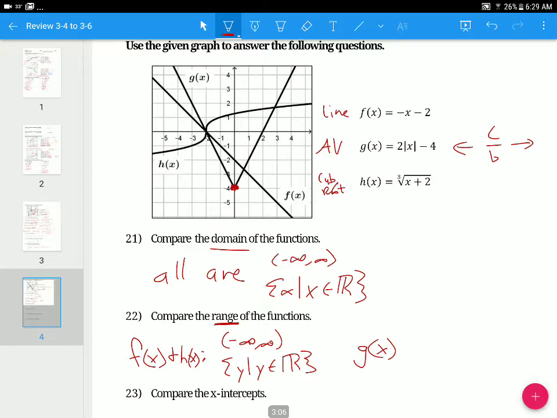That's the lowest point, and it goes up. So it's going to positive infinity. So g of x goes from negative 4 to infinity, or you can say y bar y is greater than or equal to negative 4.